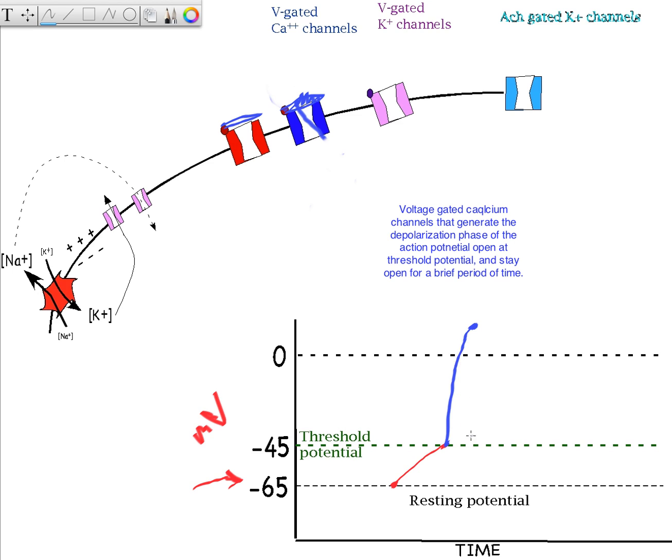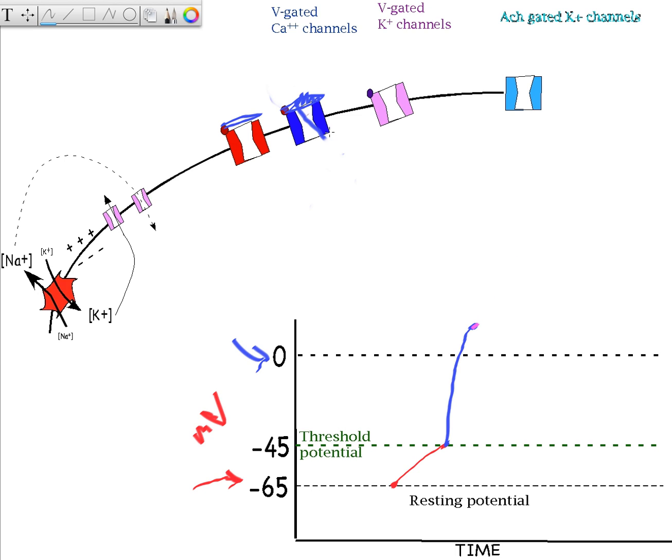We call it depolarization, but it's actually a reversal of polarity because you've gone above zero on this graph. That means you've gone beyond the point of equilibrium and up to where it's actually more negatively charged in the interstitial fluid with respect to the cytoplasm. But at the peak, this is a process that is begun by voltage, and then it's open for a particular amount of time, and then these gates close. That peak voltage.